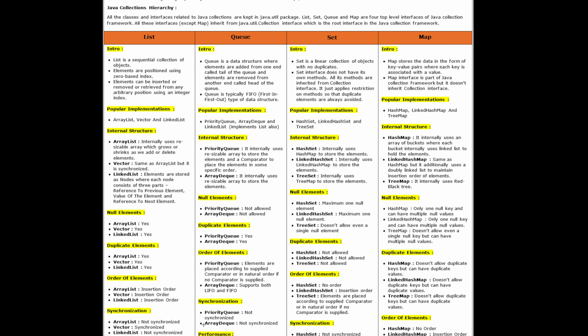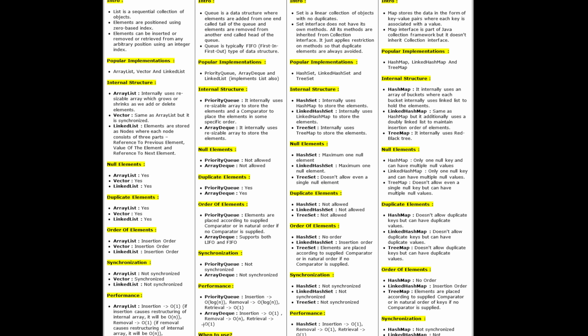So TreeSet also preserves order using the comparator or natural order, while HashSet does not allow any order of the elements.